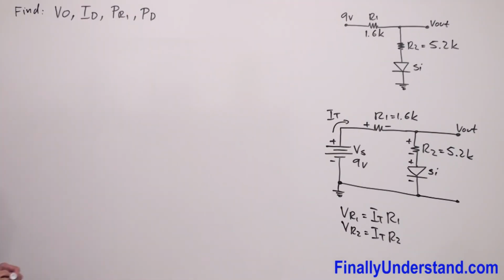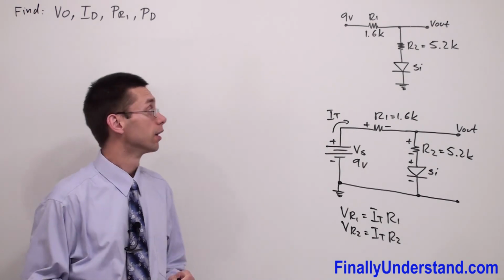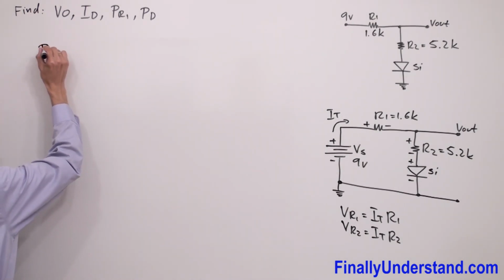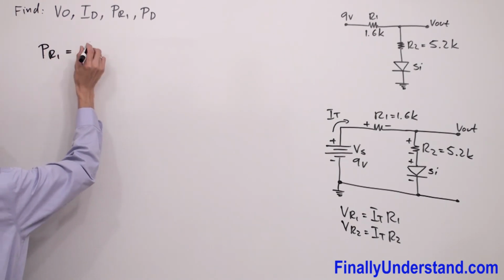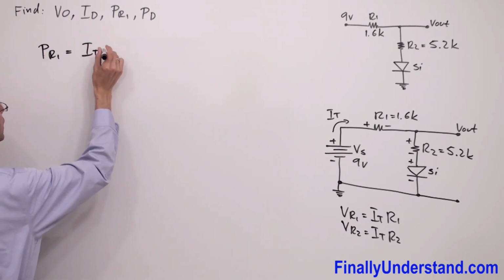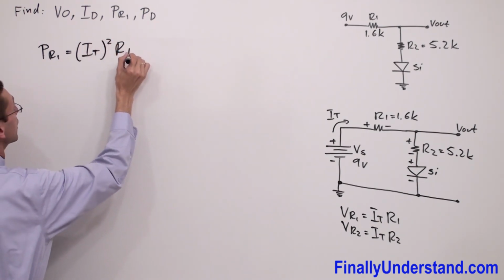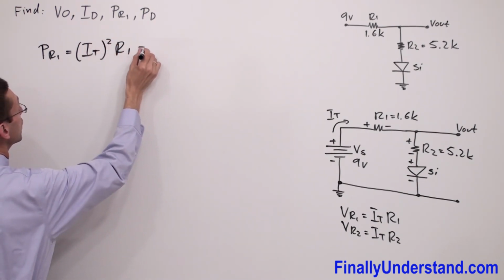If you want to find the power at the resistor, you're supposed to simply write P R1 is equal I total raised to the second power times resistance R1. So this is the regular formula for power.